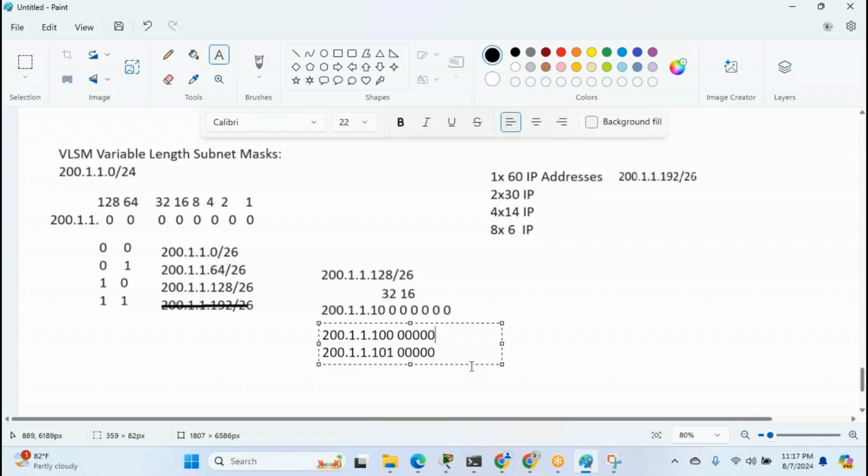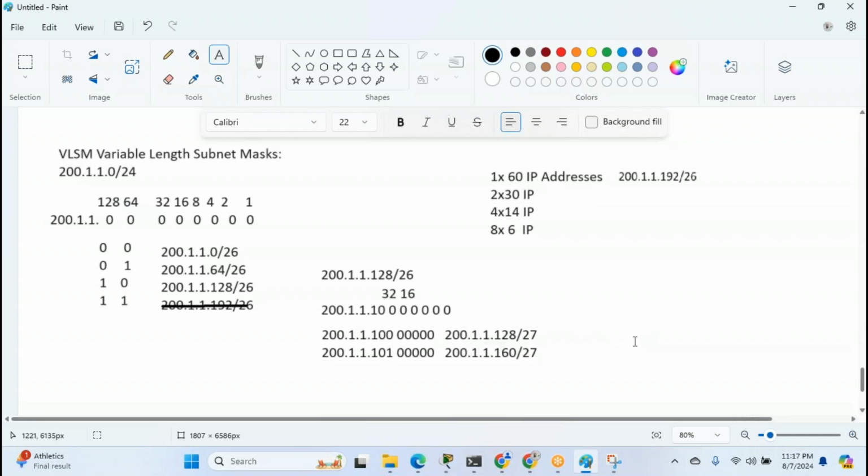If I convert it into decimal, this one becomes 200.1.1.128/27, and the second one becomes 200.1.1.160/27. In this way we have two subnets of 30 IP addresses.